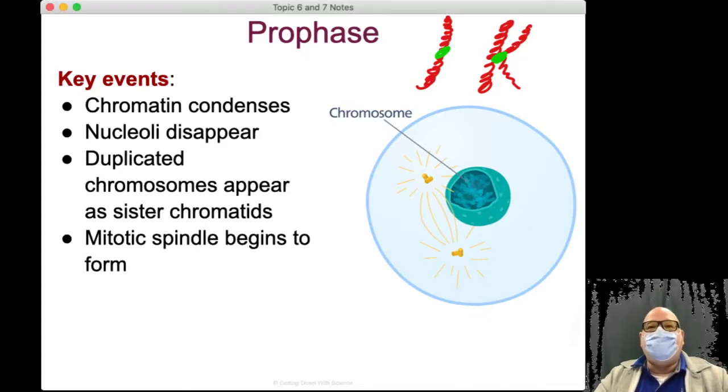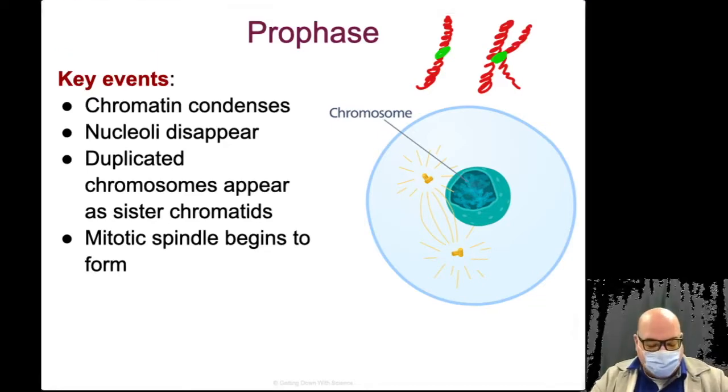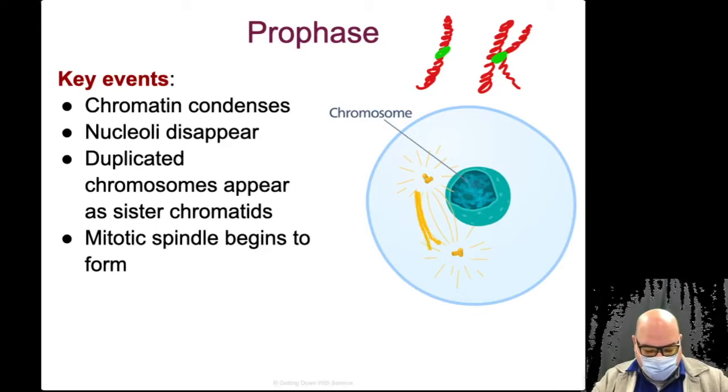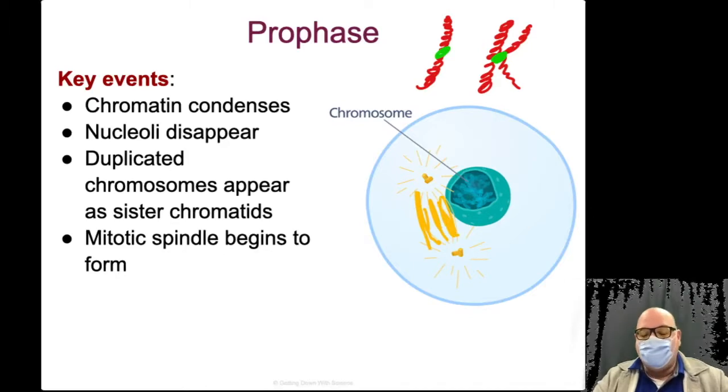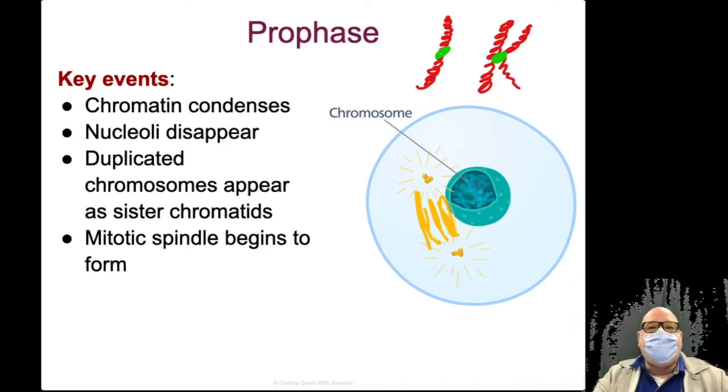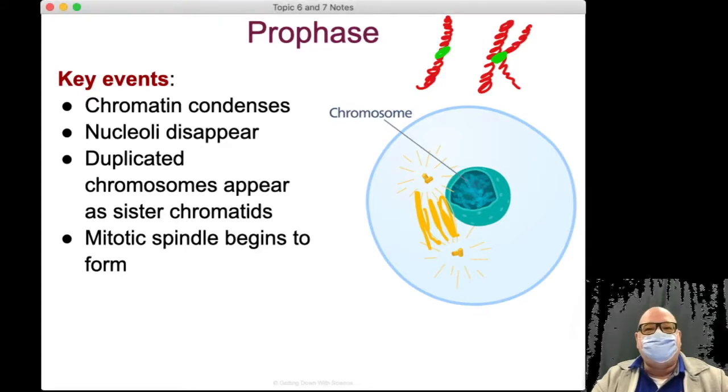The other thing we see are meiotic spindles. Meiotic spindles are these things right here, these sort of rope structures forming. They're getting ready to pull. I always think of them like tow ropes.